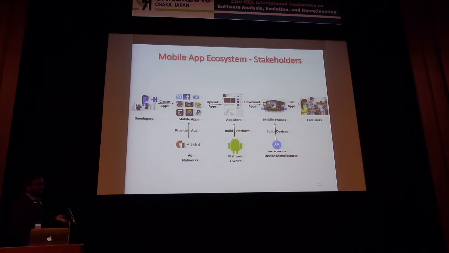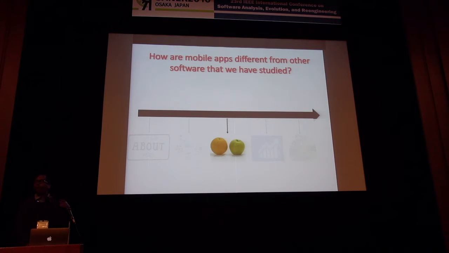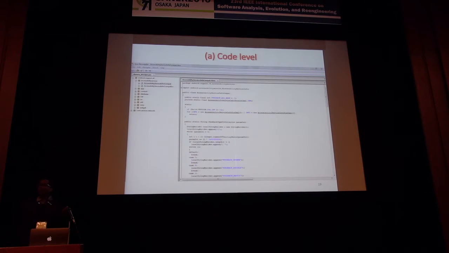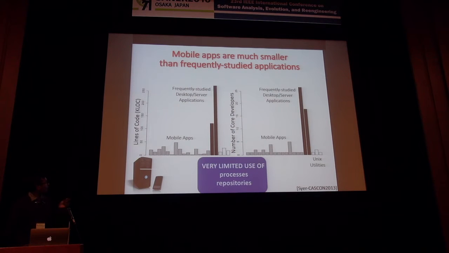So with all of these stakeholders, I think mobile applications are actually very different from the other applications that we've studied before. And I think there are three big differences between them. The first difference, I think, is at the code level. We found out that mobile applications are much smaller than the typical applications that we study.